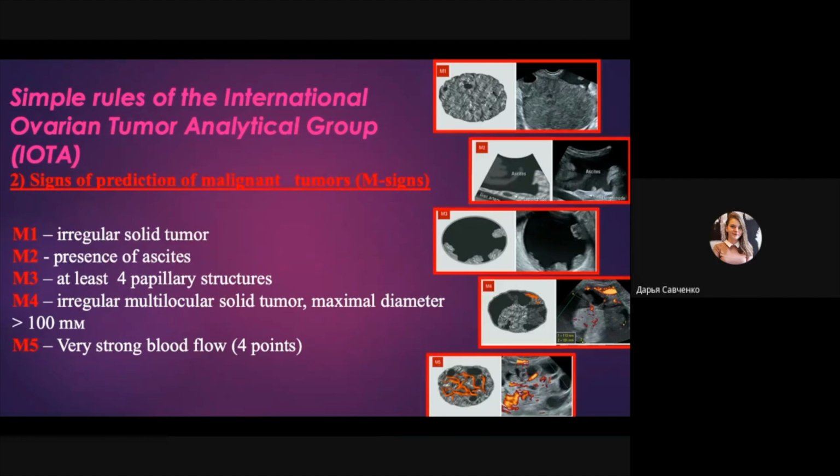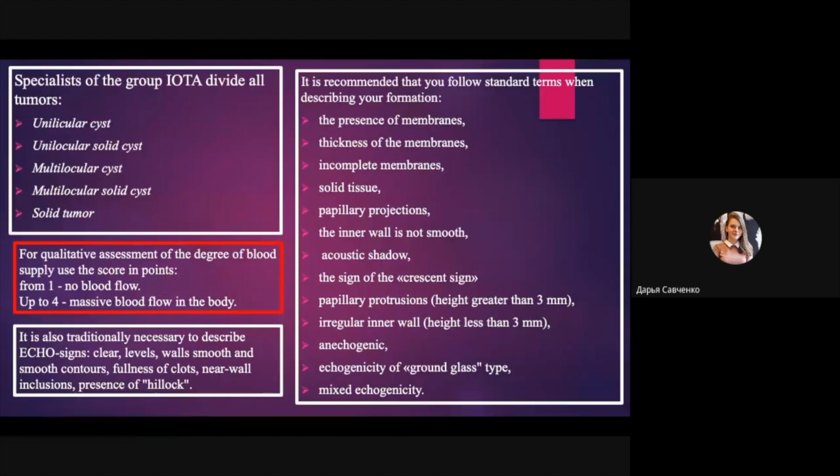For prediction of malignant tumors: irregular solid tumor, presence of ascites, at least 4 papillary structures, irregular multilocular solid tumor, very strong blood flow.